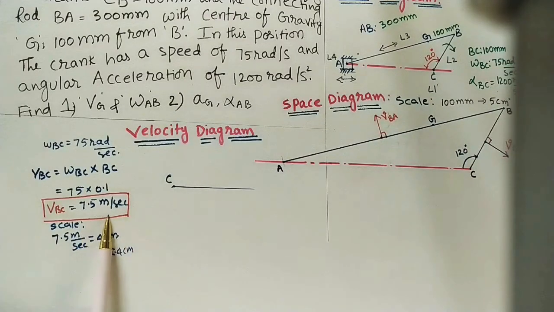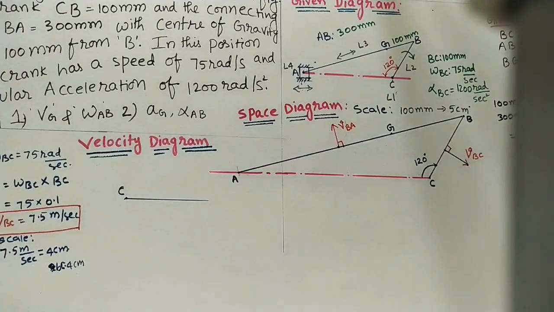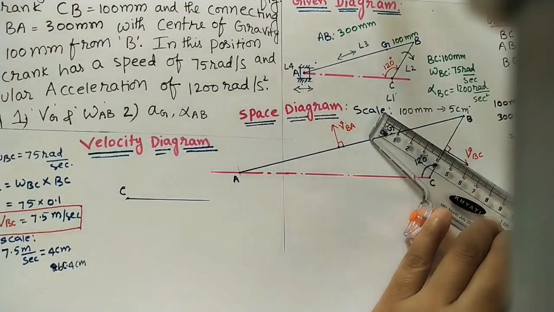So we need to mark this value in the velocity diagram. So we have to convert these units. Okay, I am taking one scale. I am assuming this value is equal to some 4 centimeter. So instead of this velocity, this BC length is 4 centimeter. And in the velocity diagram I am writing small letters. So BC velocity direction we already did in this direction. So first do the direction of BC velocity.